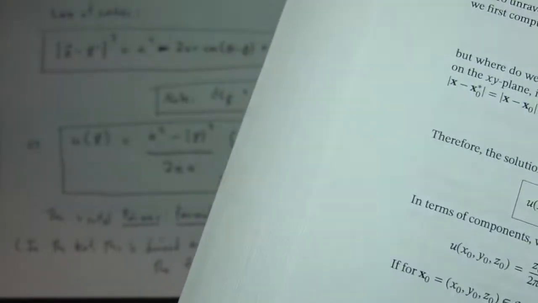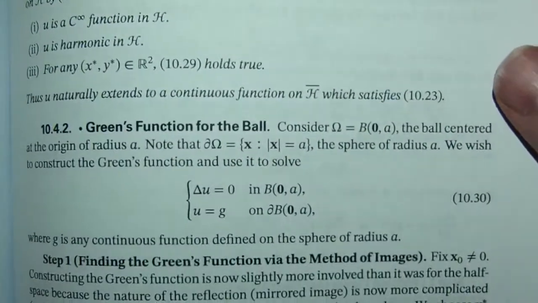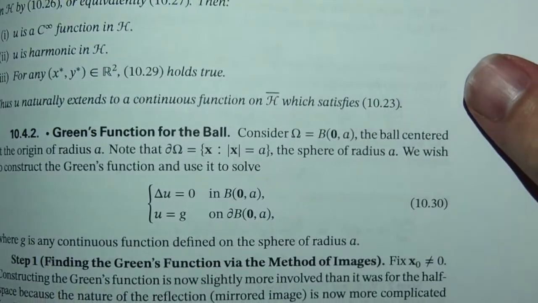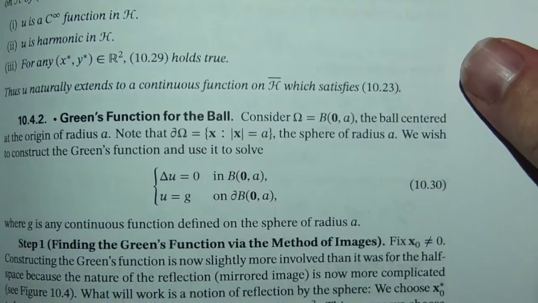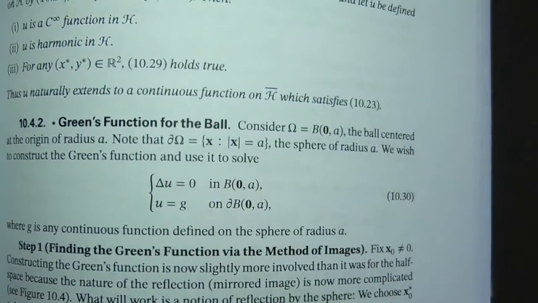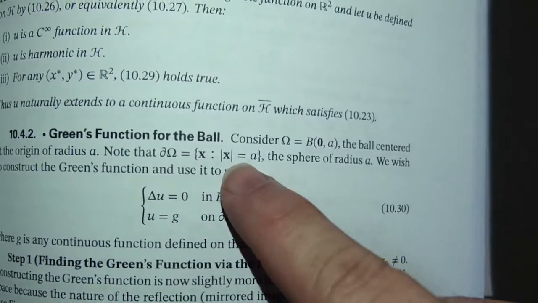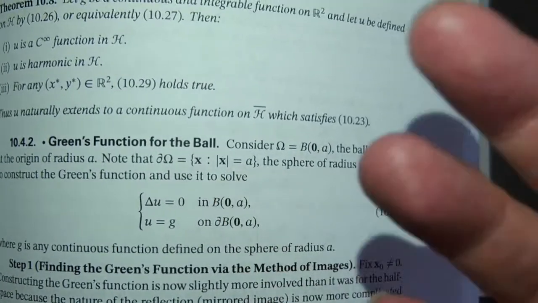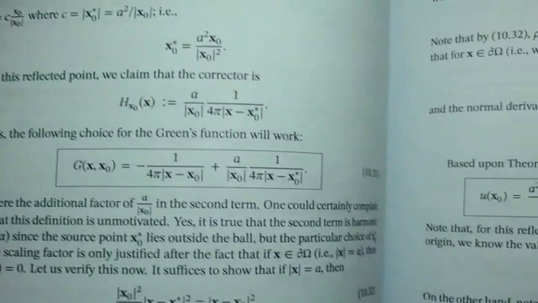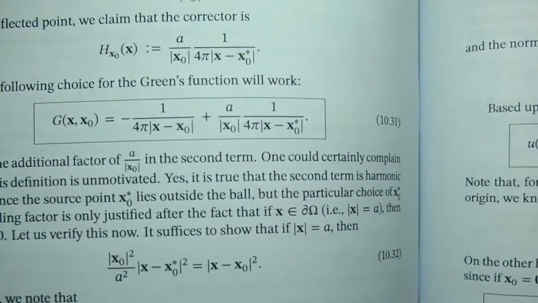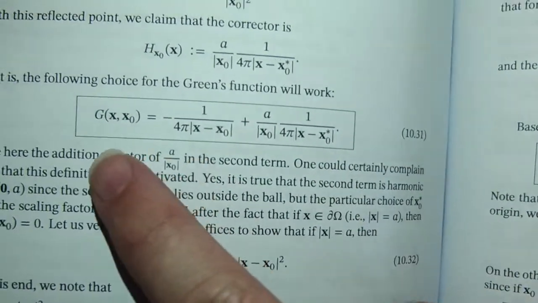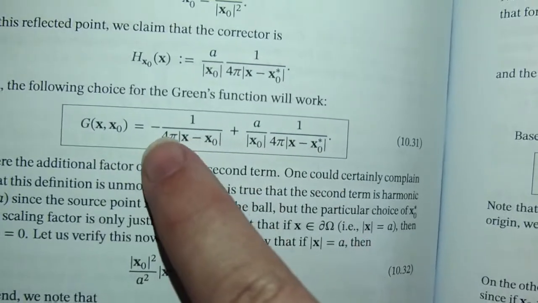What happens when I try to compute the Green's function for the ball? So here's the problem. Here's the ball. The boundary, of course, is the sphere if we're thinking of this in R3. Then the resulting Green's function that is found looks like this.